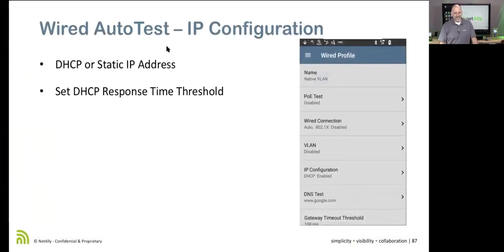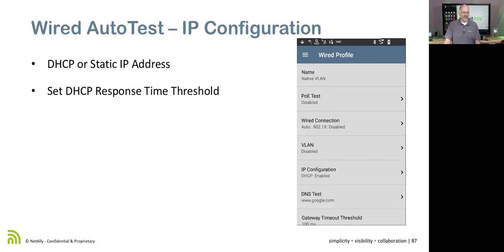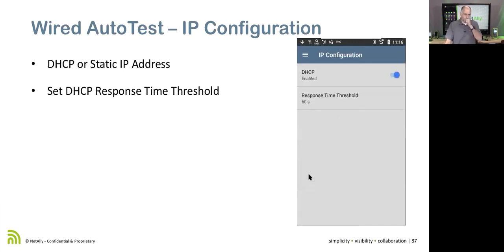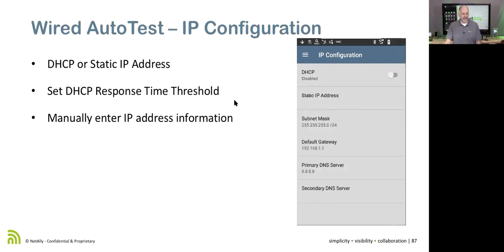The rest of this, pretty straightforward as far as our address. I could come into my IP configuration, say, am I going to use DHCP? And if I am going to use DHCP, what's my threshold on that? Or I can manually enter that information. All of us have networks where we don't have an IP address set up.